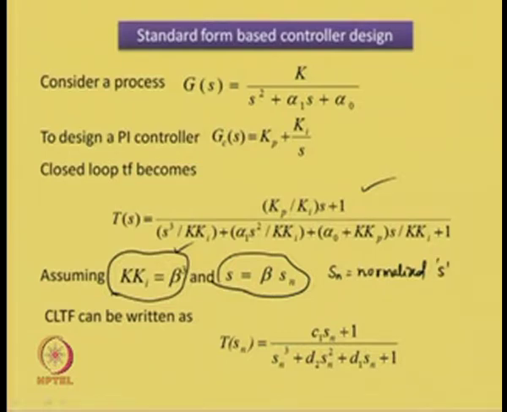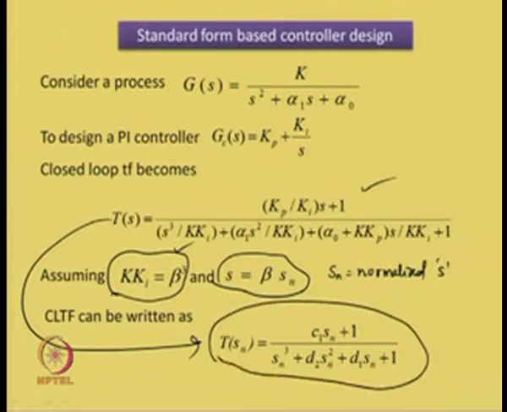in the Laplacian domain. Then the closed loop transfer function can be written as T(Sn) is equal to C1 Sn plus 1 upon Sn cubed plus d2 Sn squared plus d1 Sn plus 1. Thus, it has been possible to obtain the closed loop transfer function in the standard third order transfer function form.